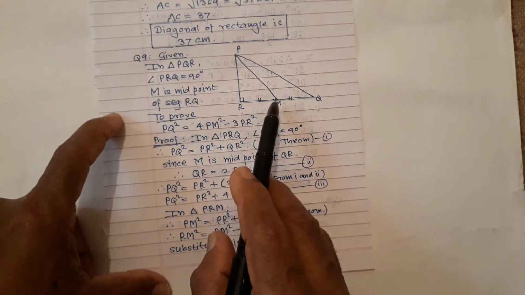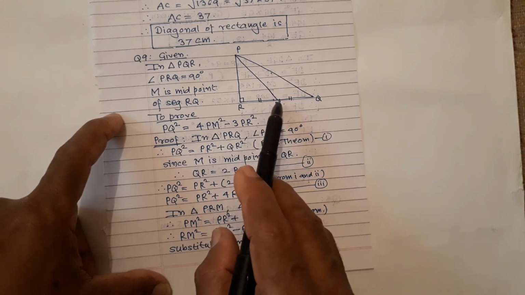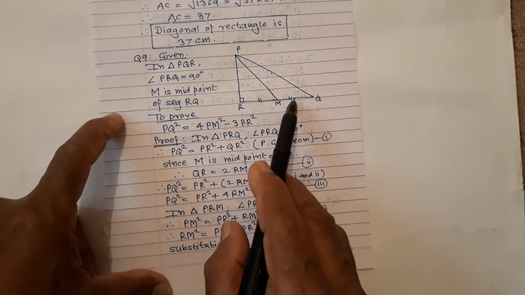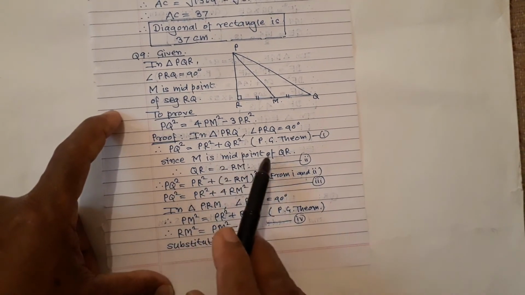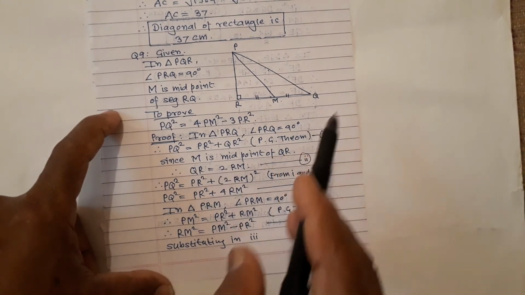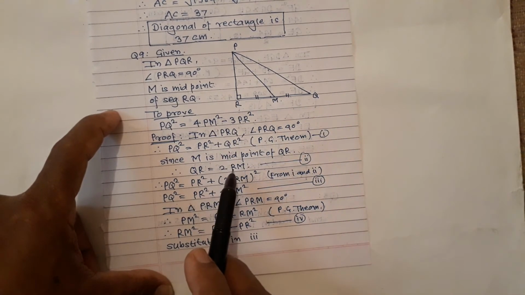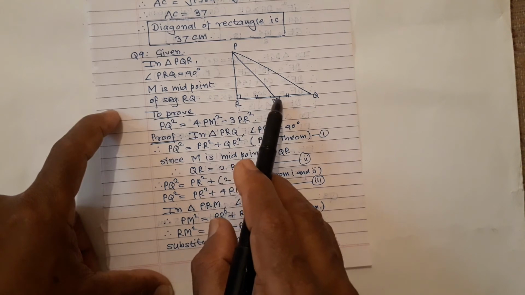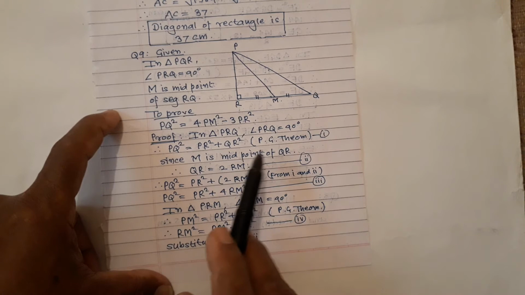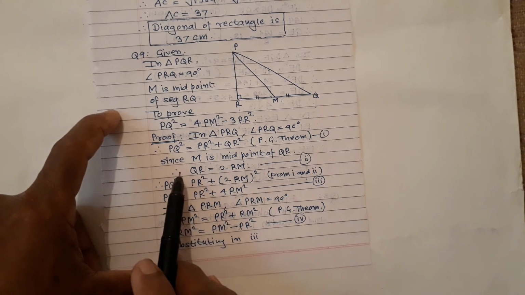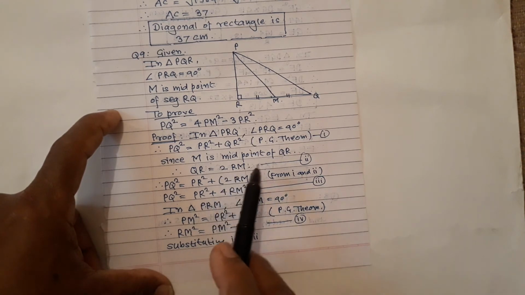M is the midpoint, given. So first you ask the question, why is this midpoint given? Can you use this midpoint? Okay. Now since M is the midpoint of QR, given, and therefore QR is equal to twice RM. This statement is very important. M is the midpoint of QR, and therefore QR is equal to 2RM.